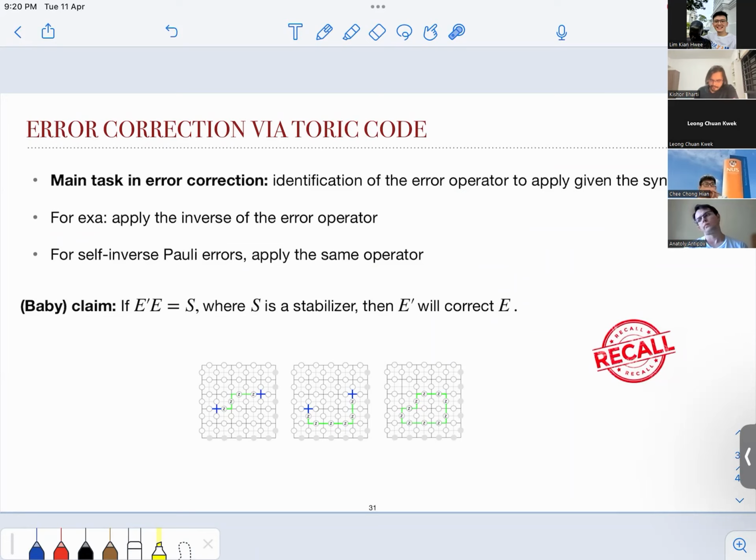But we also saw earlier that if your error is E and you apply E prime such that together they become a stabilizer, that's also fine. Stabilizers do not take your state out of the code space. So good, not a problem.